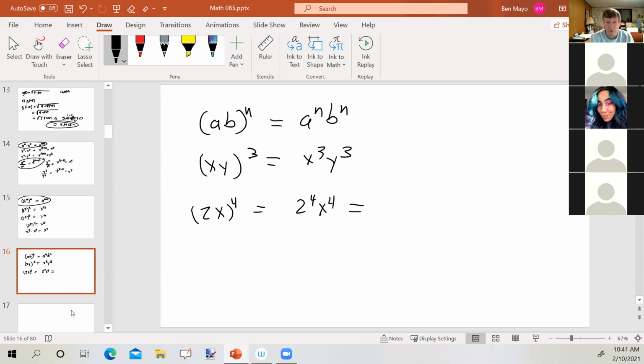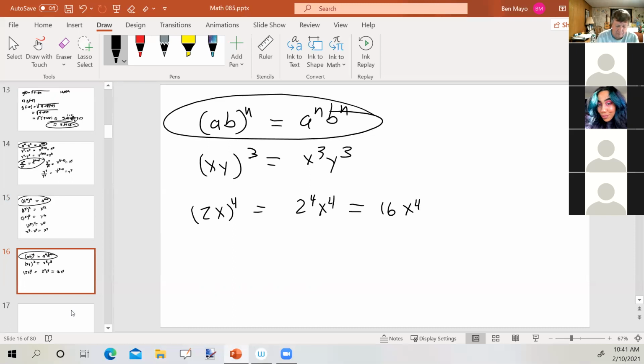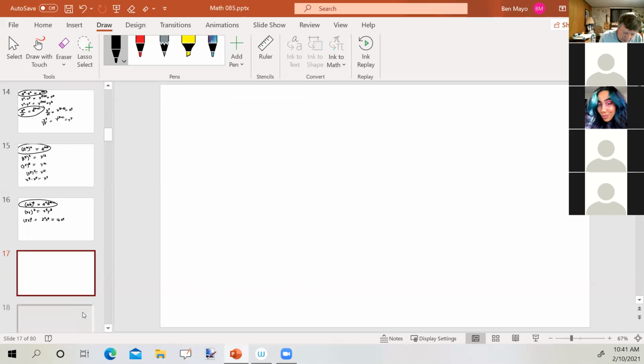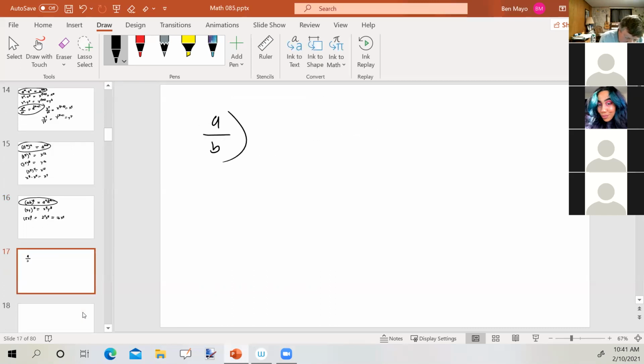I could go further. 2 to the fourth power is 2 times 2 is 4, times 2 is 8, times 2 is 16. So we get 16x to the fourth power. So we've got a product raised to a power. Any questions there?